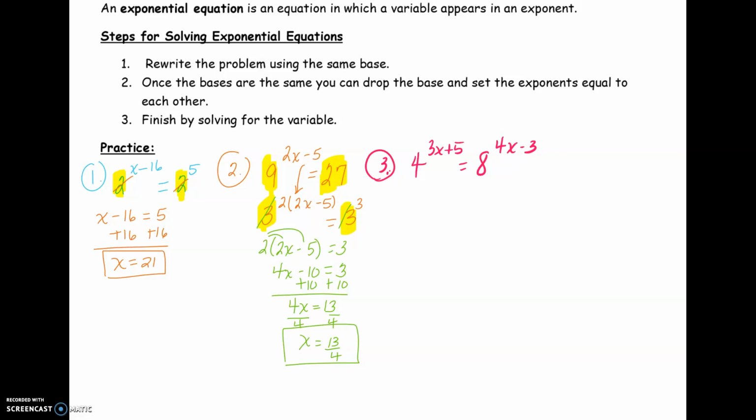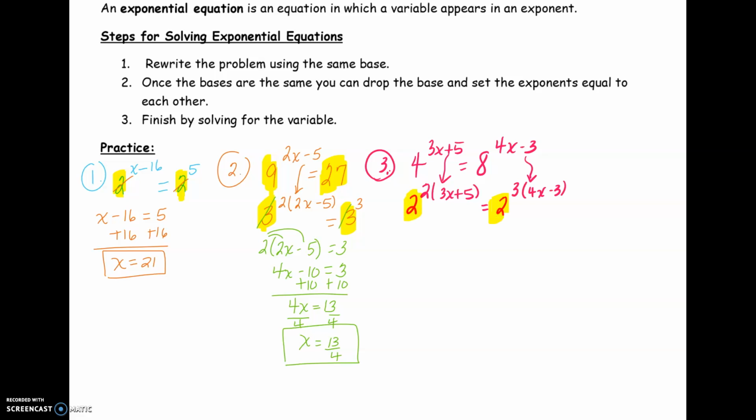And if we think about 4, we know that 2 squared is 4. So we can rewrite 4 as 2 squared, but don't forget, you're bringing down the 3x plus 5. Okay, what about 8? Can we write 8 with a base of 2? We can. 2 to the 3rd power. Don't forget, you still have your 4x minus 3 there.